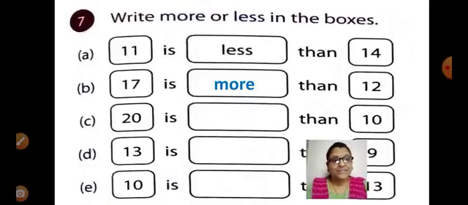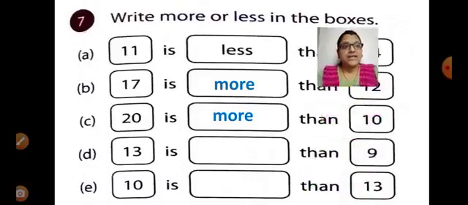Now next example, 20 is dash than 10. Here children, again if we compare the tens place, 2 is more than 1. Hence 20 is more than 10. You have to write the word more, M-O-R-E, in the given box.